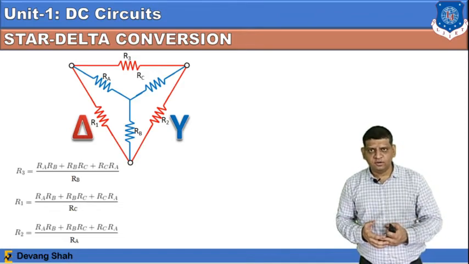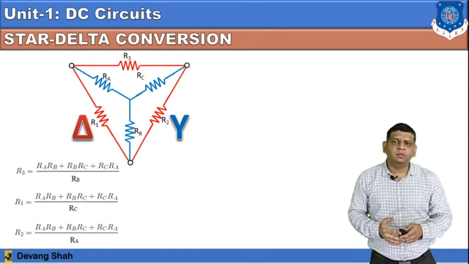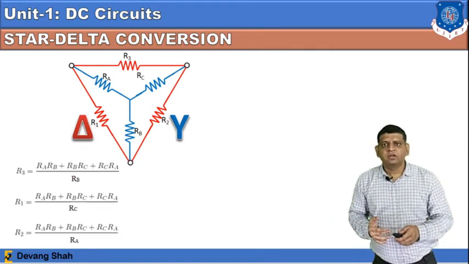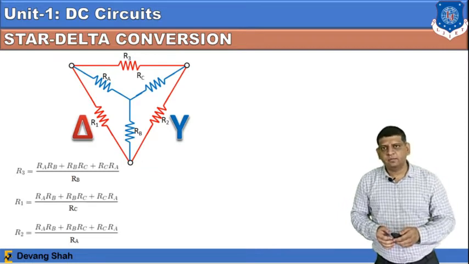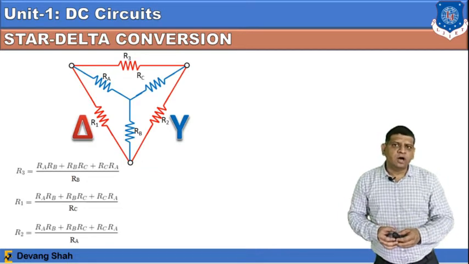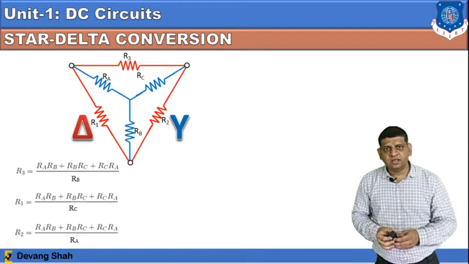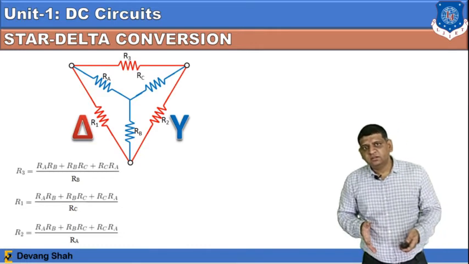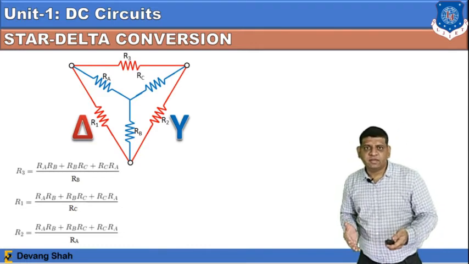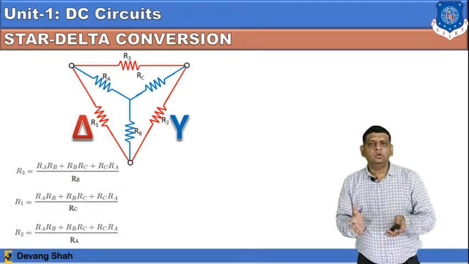That's one of the equations, right? Same way you can find R1, that is equal to RA into RB plus RB into RC plus RC into RA divided by RC, and the equation of R2, that is equal to RA into RB plus RB into RC plus RC into RA divided by RA, right? So these are the equations where we have converted star to delta.